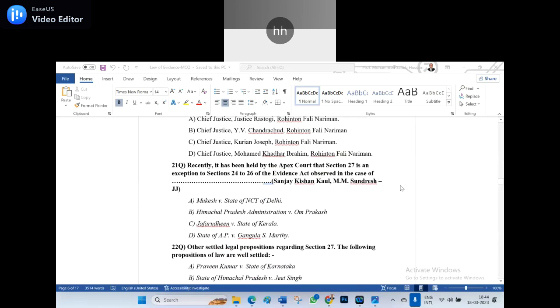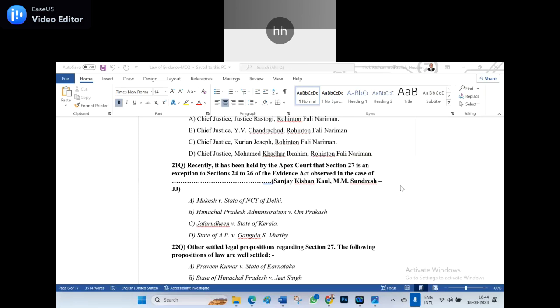A. Mukesh versus State of NCT of Delhi. B. Himachal Pradesh Administration versus Om Prakash. C. Jafarudheen versus State of Kerala. D. State of AP versus Gangula Satya Murthy. Option A, sir. Option A is the right answer: Mukesh versus State of NCT of Delhi.